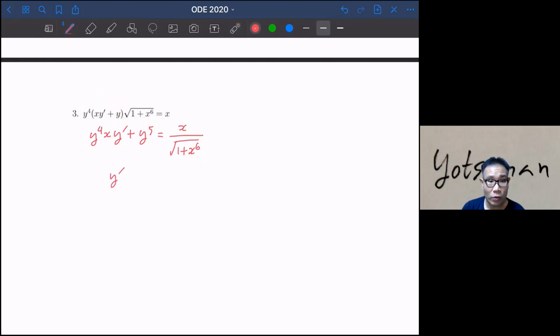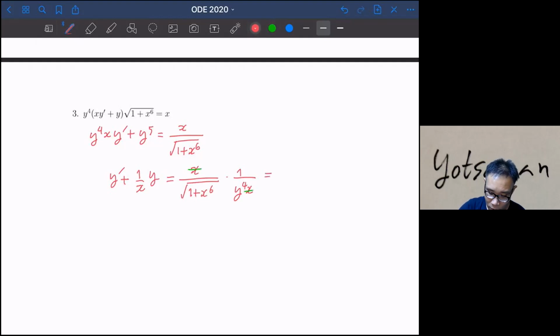So for this one, you're gonna get y prime plus 1 over x y equal to x over square root of 1 plus x to the 6, and you're gonna multiply with y to the fourth x on the bottom, and you see that x and x will cancel each other.